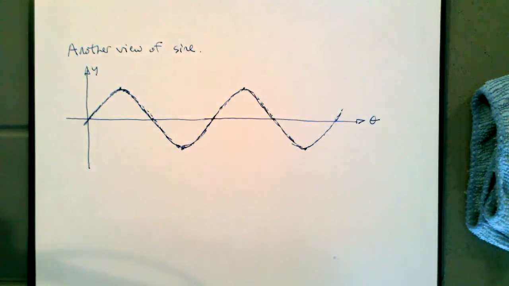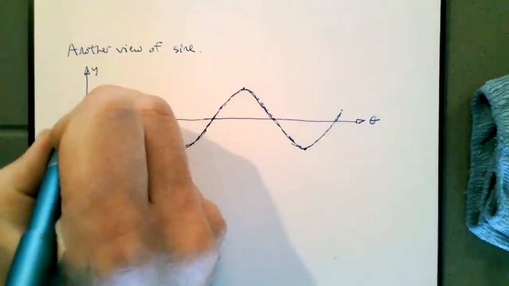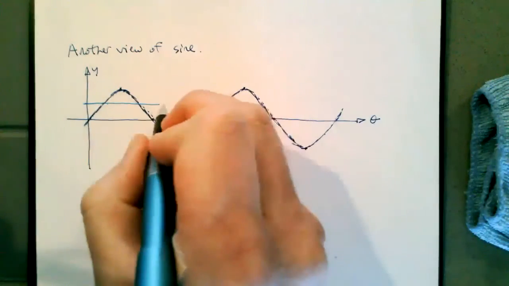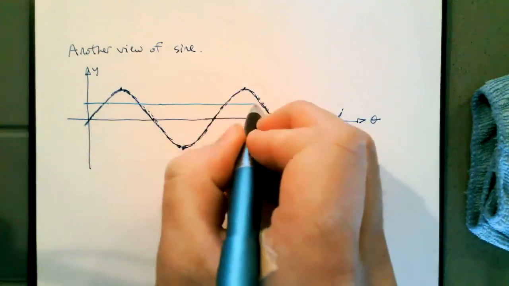We can see that we're going to have way more solutions than just 30 and 150, or pi over 6 and 5 pi over 6. If we draw in y equals 1/2 on this graph, we can see that we're going to have an infinite number of solutions.